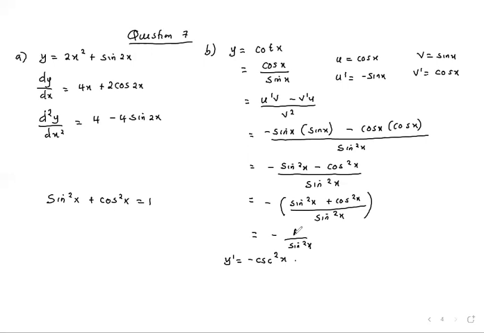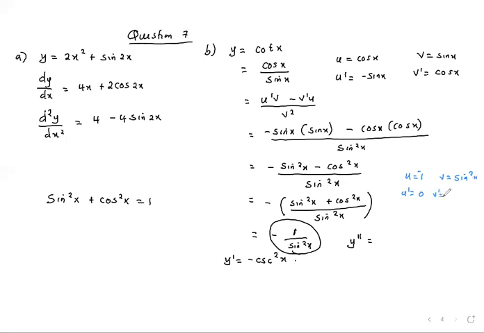So now we differentiate this using quotient rule. So y prime prime is going to be, let's be slow. So u is equal to 1. So u prime is 0. In fact, it's negative 1. So v is sine squared x.